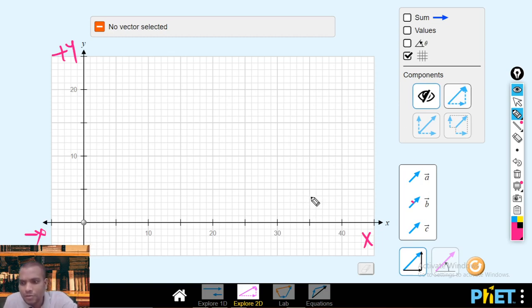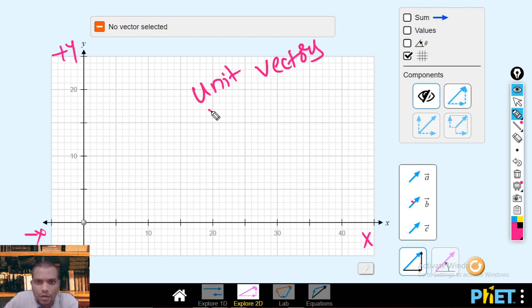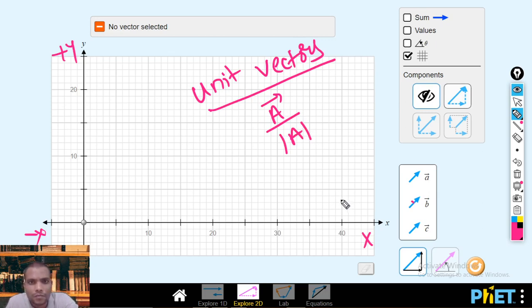So here I am introducing unit vectors along these directions. How do you define a unit vector? Unit vector means, suppose a bar is a vector, the vector upon its magnitude we define as a unit vector. So this is the standard definition of unit vectors: vector upon its magnitude.